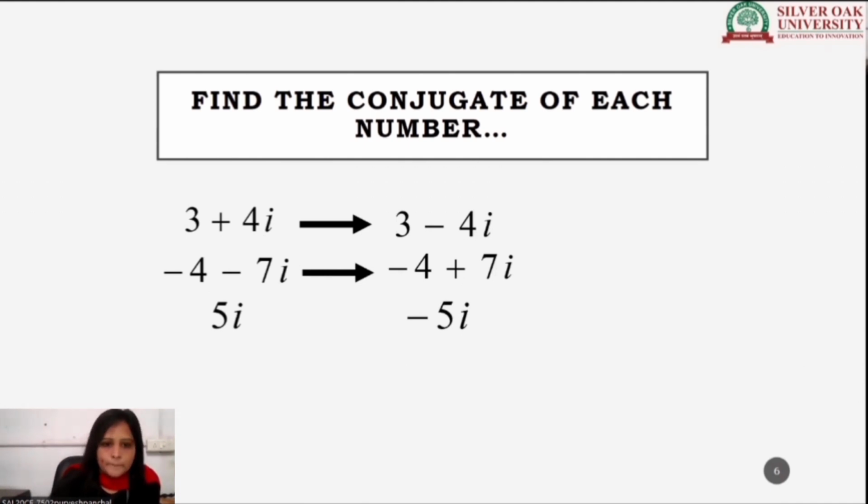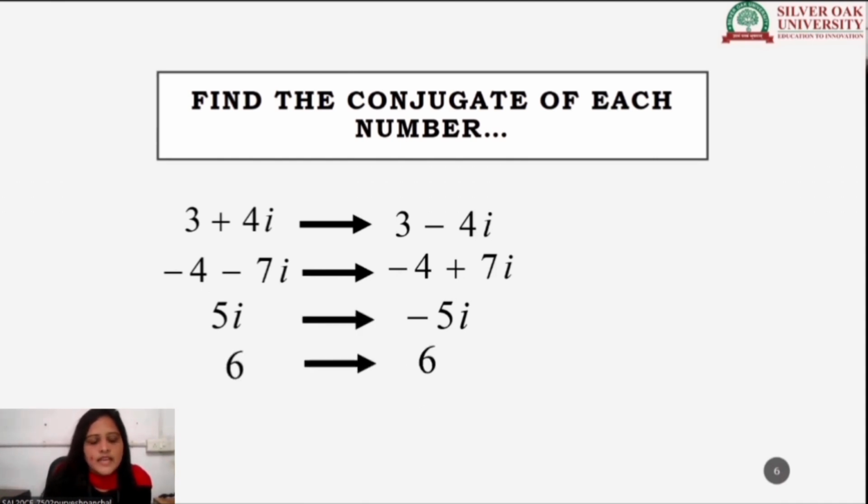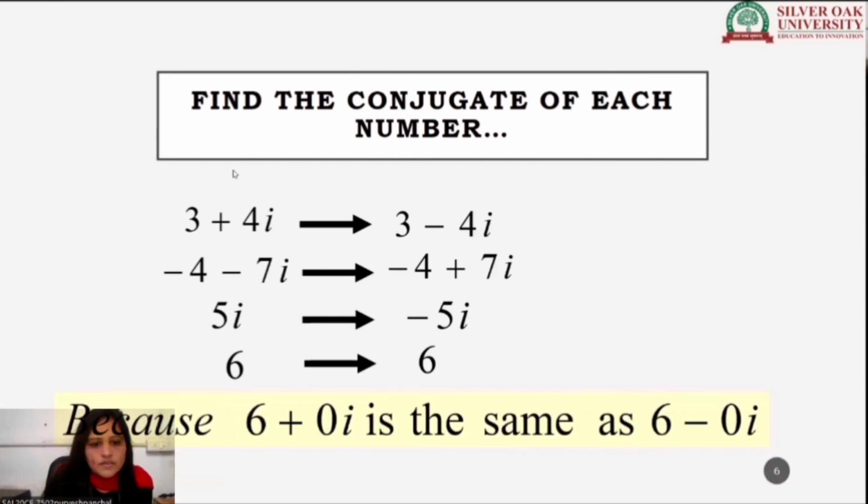Here we have 5i. So we can say that it is a purely imaginary number because here the real part is 0. So the conjugate of 5i is minus 5i, and the conjugate of 6 is 6 because here 6 we can write as 6 plus 0i.